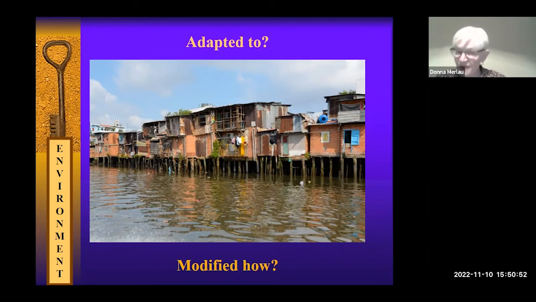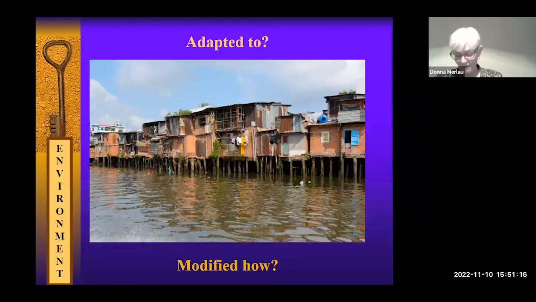How have I modified the environment? I've built on it, right? But I've changed my practice. I've adapted to it being prone to flooding. Another adaptation may be I don't settle near the water, I settle further inland. I've changed my human behavior versus modifying what I've done to the land.